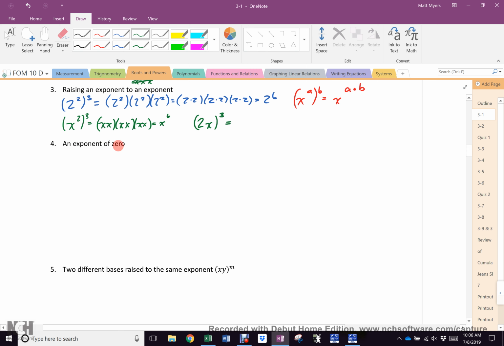Okay? The next one is the exponent of 0. Now, notice there's a bunch of white space here. Because your grade 9 teacher and your grade 10 teacher told you anything to the 0 power is 1. That's what they told you. Did they explain why? They should have, because what we're doing next needs you to understand what I'm about to show you. Okay? So, 3 squared equals what? 3 times 3, which equals 9.